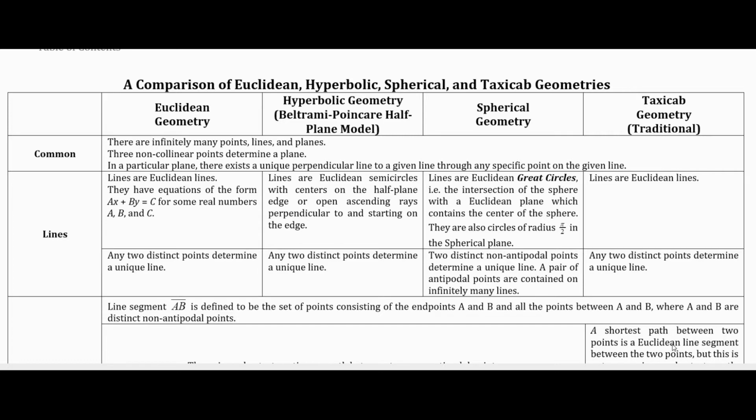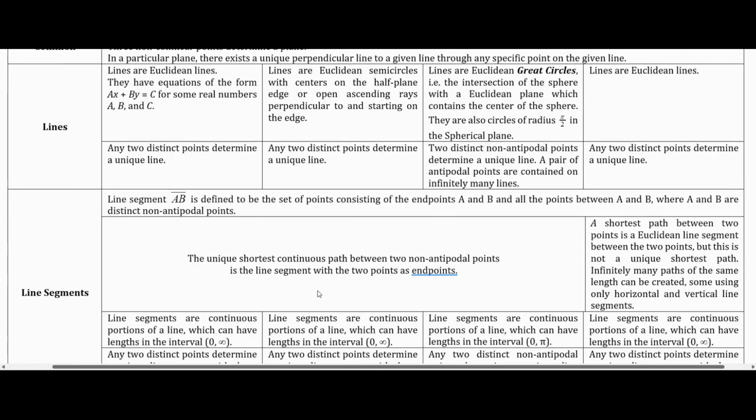So what about a line segment? A line segment is defined to be a set of points consisting of the endpoints A and B and all the points between A and B, where A and B are distinct non-antipodal points. That's going to be our actual definition. In hyperbolic, Euclidean, and spherical geometry, a line segment is the unique shortest continuous path between any two non-antipodal points, and it is the line segment with those two points as endpoints.